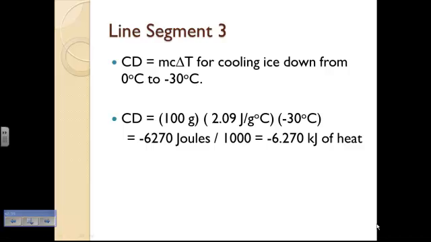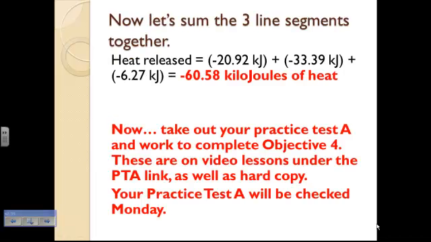We have our answers from line segment AB, line segment BC, and line segment CD. We simply sum the three line segments together to find the heat released. Line segment AB had a value of negative 20.92. Add that to negative 33.39. That was our value from line BC.